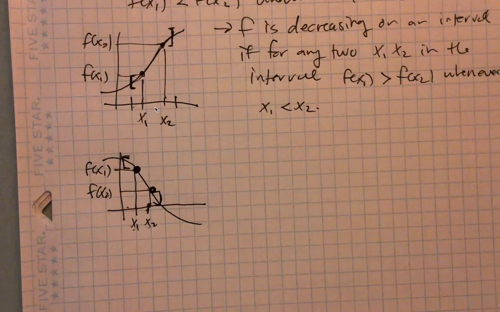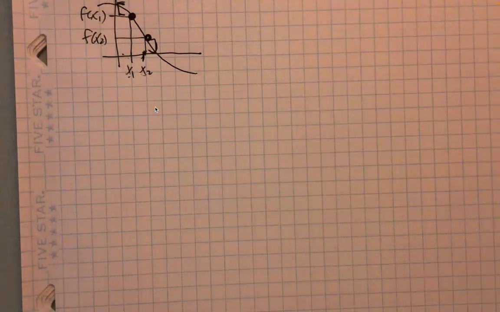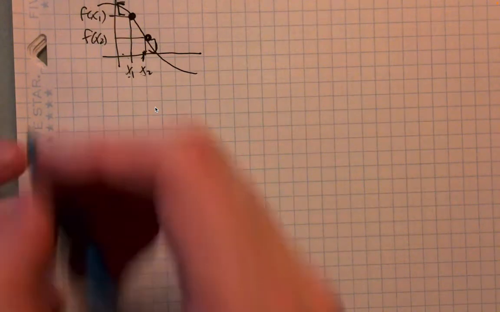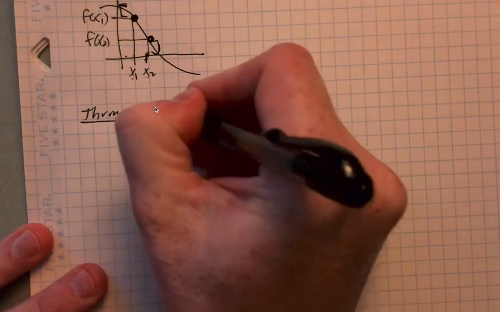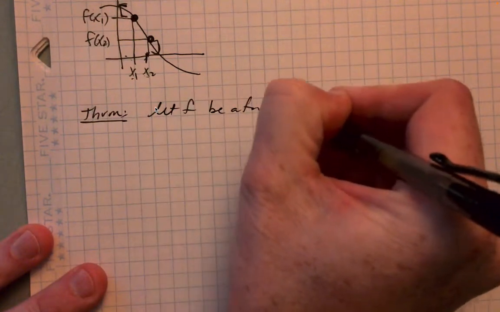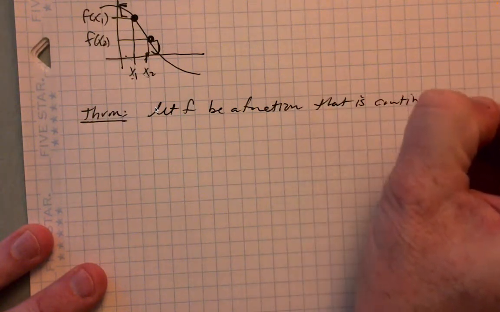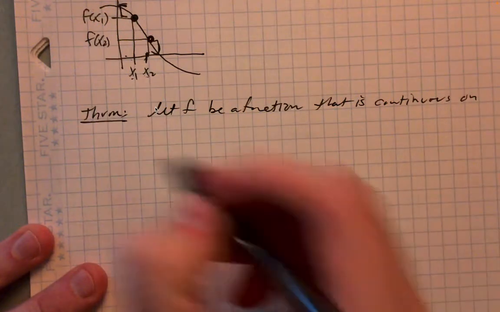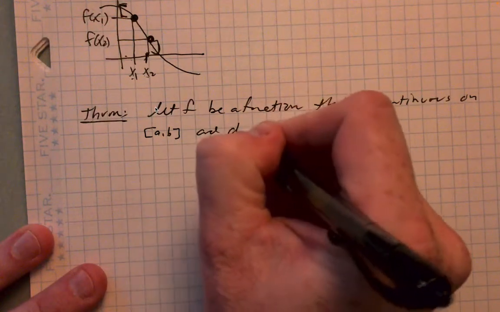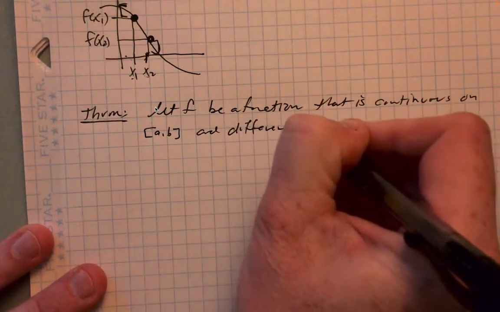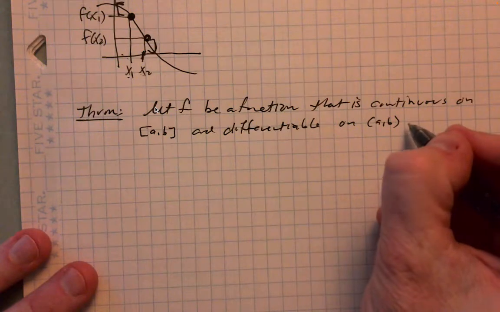Okay. So with that, let's move into our first theorem. Let f be a function that is continuous on the closed interval AB, and differentiable on the open interval AB, so it's differentiable everywhere in the interval except at the endpoints.